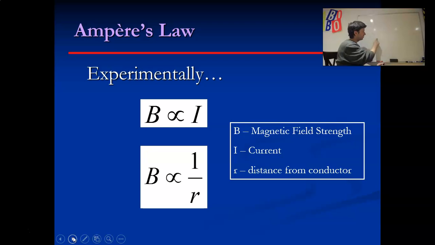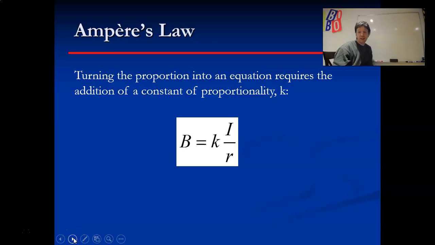Now, you can look at that circumference for any circle along the wire, but it's still going to be a circle moving outwards from one point of the wire. All right, so that is shown experimentally. Let me move on to the next slide. And if you want to set this equal to something, you need a proportionality constant.